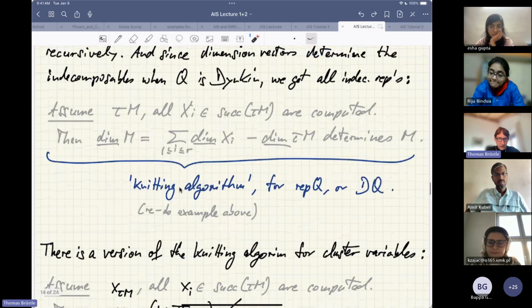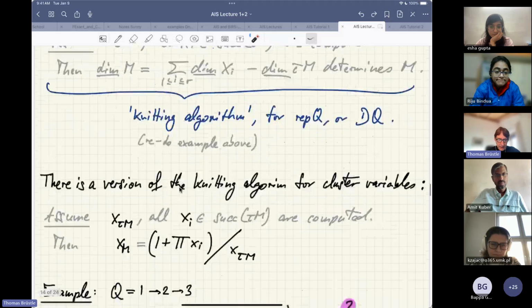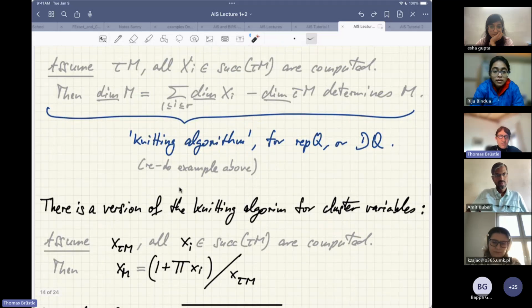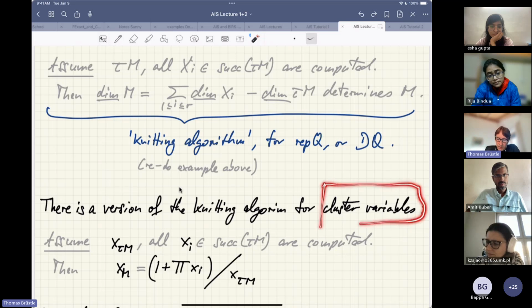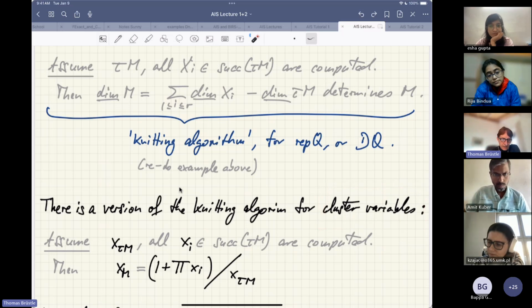So what I can do now is the following. I can also apply a similar knitting algorithm to compute cluster variables. So now this is new. We apply the same algorithm to the problem of computing cluster variables. So how would I translate this?